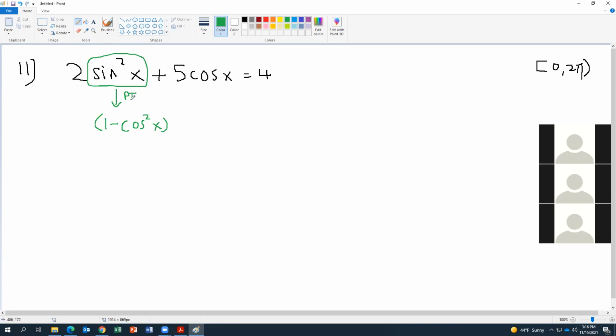Can we use Pythagorean on this one? Can we use Pythagorean of cosine x? No, because it's not square. Yes, we cannot use this because this is not square. Okay, so make sure you guys know Pythagorean is only for square. The rest, you just bring it down. So the 2 is over here, plus 5 cosine x equals to 4.